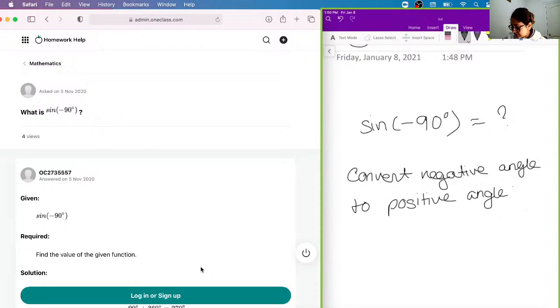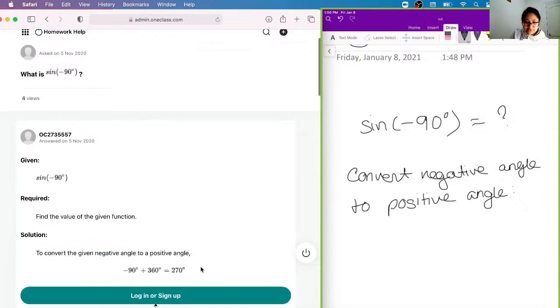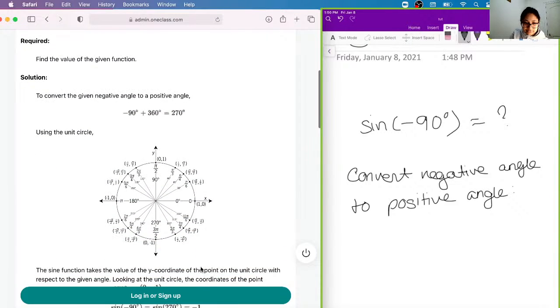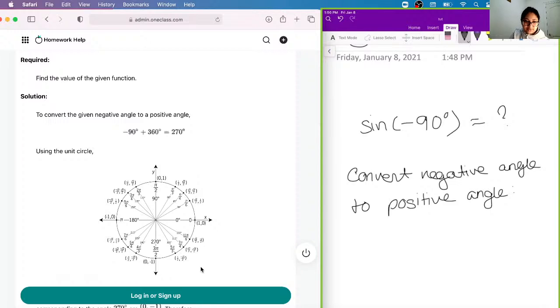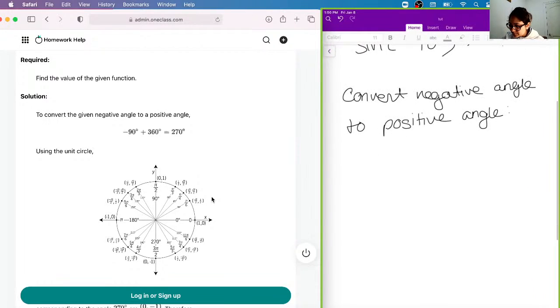And to do that, we can use a unit circle over here, right? That's given. And we can see negative 90 would be on the opposite side over here. To do that, we would have to add 360 degrees, or 2 pi.